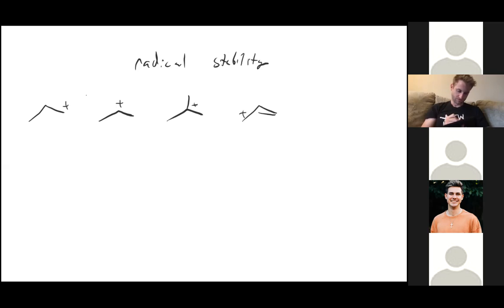The more substituted it is, the more stable it is. Radicals are going to operate the exact same way, with resonance being the most stable. So carbocation stability or radical stability. I should have written carbocation up here.